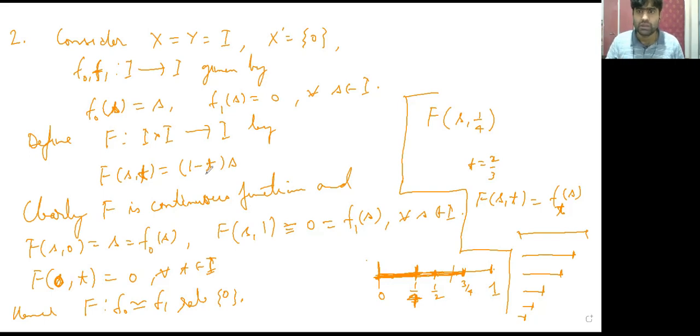The initial map was f naught, and slowly you are continuously deforming f naught to get f1. That is the idea, right? So this is a continuous deformation of the map f naught.